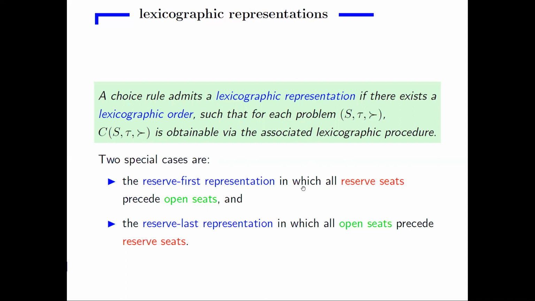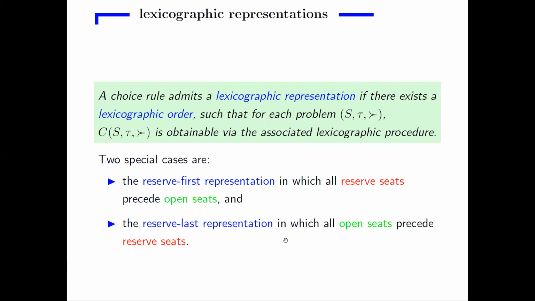One of them is the reserved first representation, in which all the reserved seats precede the open seats. It is one of the examples that we have seen. And the other one is the reserved last representation, in which all open seats precede the reserved seats.